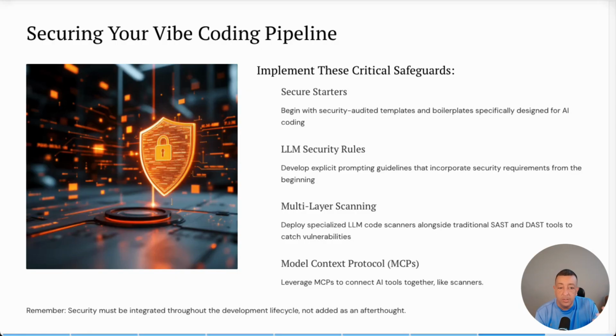A good MCP to find would be, for example, a scanner like Trivy, T-R-I-V-Y, which is a security scanner, and they have an MCP for that. And you could tell your LLM to help you connect to the Trivy MCP and to conduct a scan on your application, for example. Okay.